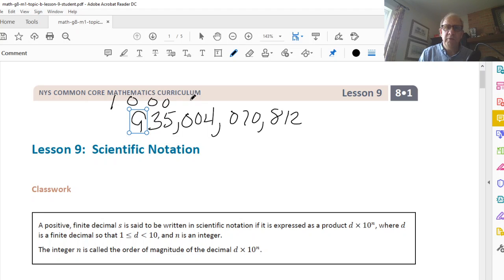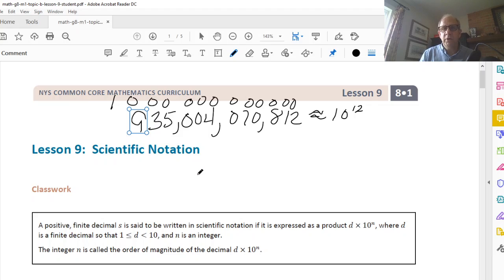And so we put a 0 with all of these, right? And we count them up. So we got 3, 6, 9, 10, 11, 12. So that would be about 10 to the 12th magnitude, okay?